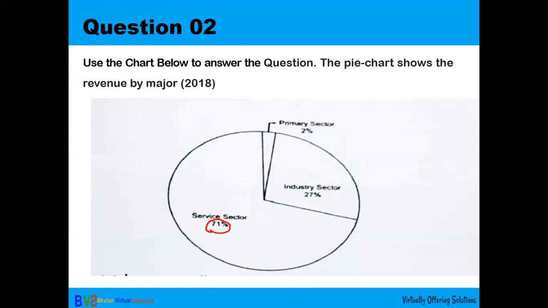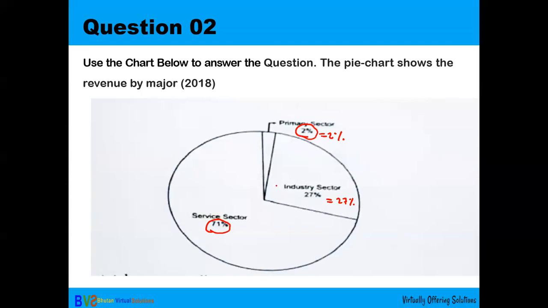The primary sector has 2% revenue. Are you able to see this 2%? The industry sector has 27% revenue.